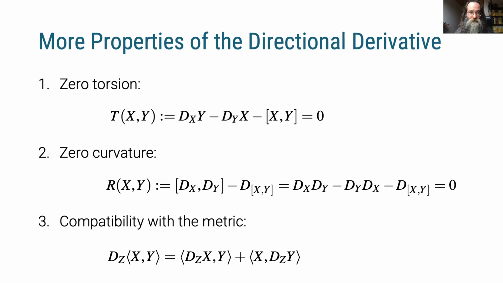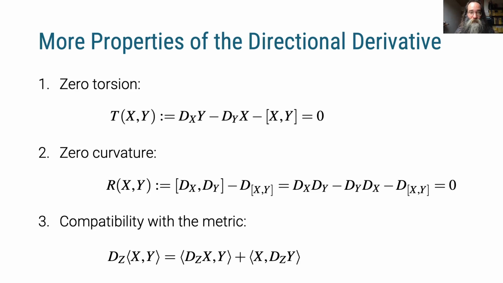Then if you define the curvature this way, with the directional derivatives, it turns out that the directional derivative in Euclidean space has 0 curvature. The third property is called compatibility with the metric. This is essentially the product rule, just like for scalar functions: if you apply the directional derivative to the inner product of two vector fields, it splits into two terms, with a derivative in each term.